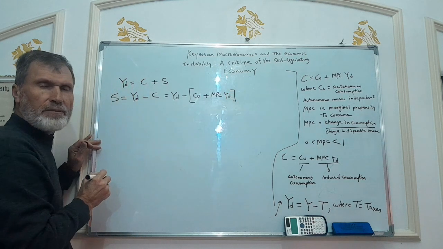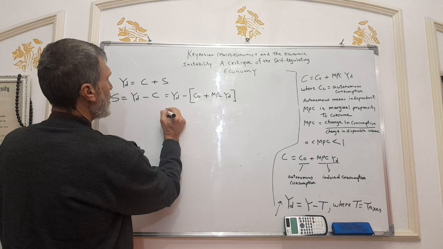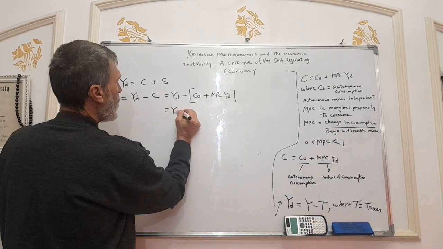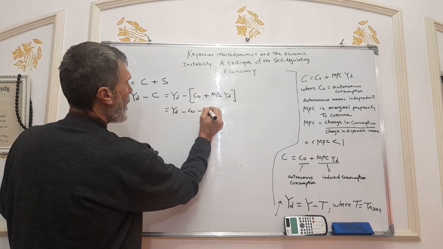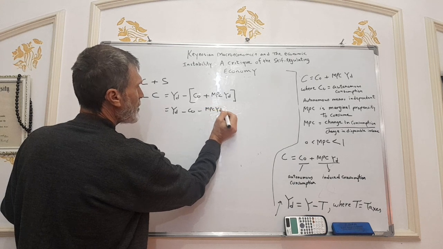Let me simplify this: YD minus C0 minus MPC YD.